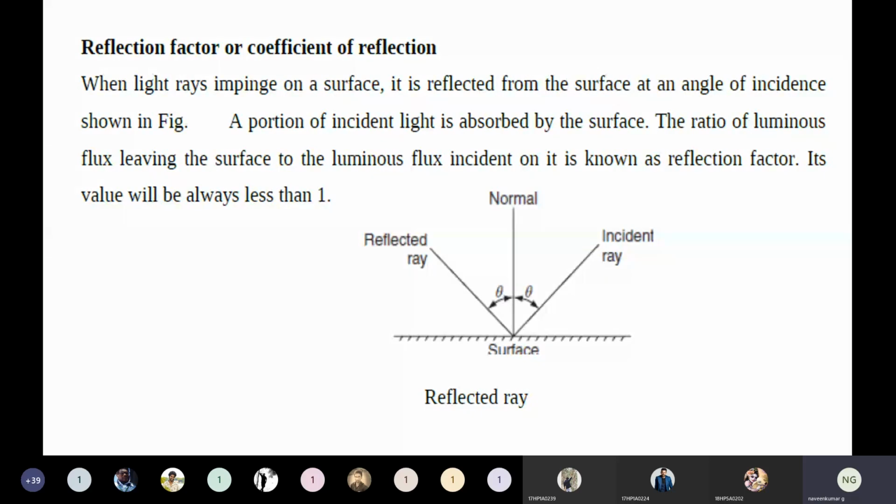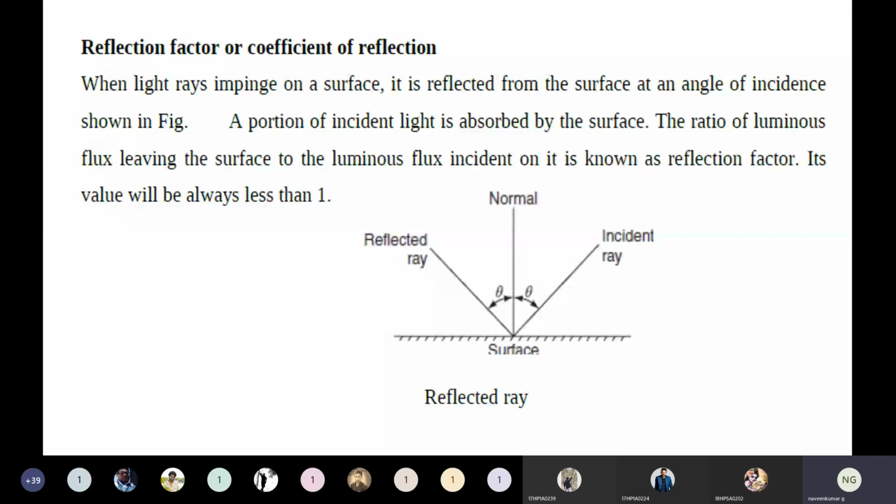The value depends upon the type of surface you are observing. A normal reflecting plane like a mirror will be close to 1 but never equal to 1. So this is how you define the reflection factor.